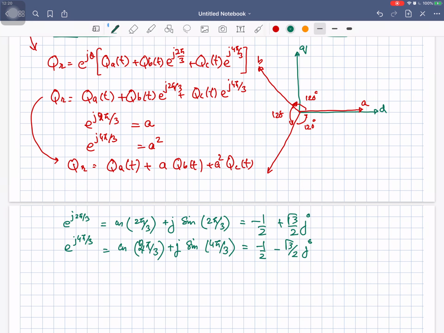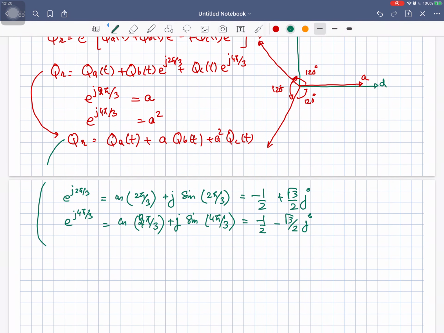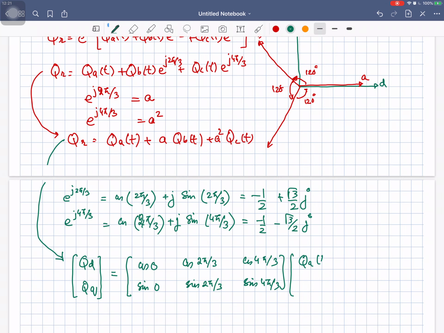Now using this expression, I can write QD and QQ. These are the components of this QR. So I can write it in matrix form like that: this is cos of 0, sine of 0, then cos of 2 pi by 3, cos of 4 pi by 3, sine of 2 pi by 3, sine of 4 pi by 3 into QA, QB and QC.